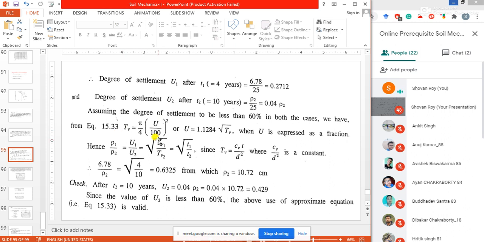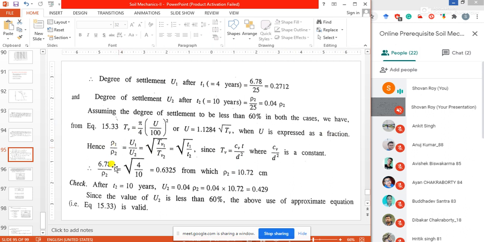Or U equals 1.1284 root over Tv, when U is expressed as a fraction. Hence rho 1 is the settlement for 4 years, rho 2 the settlement for 10 years.